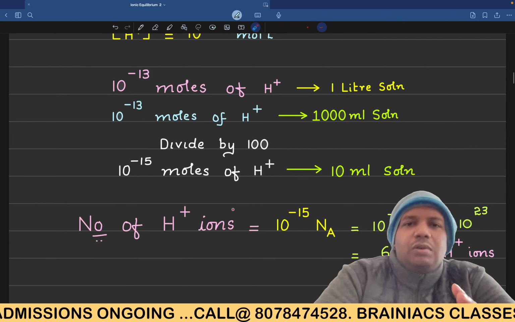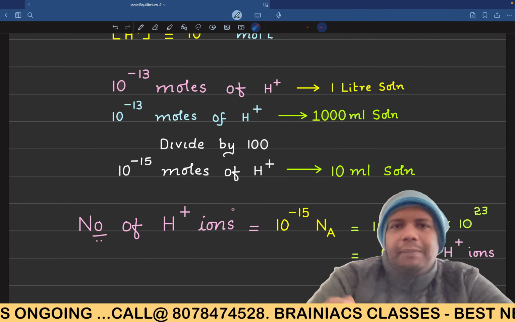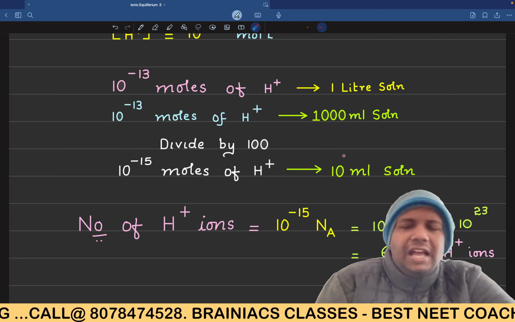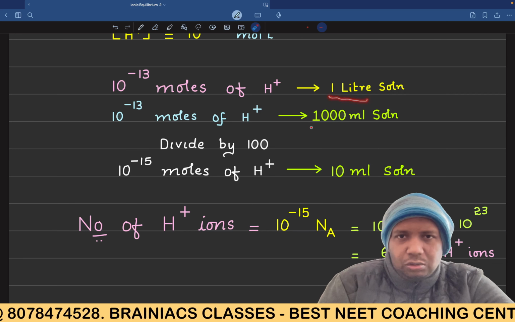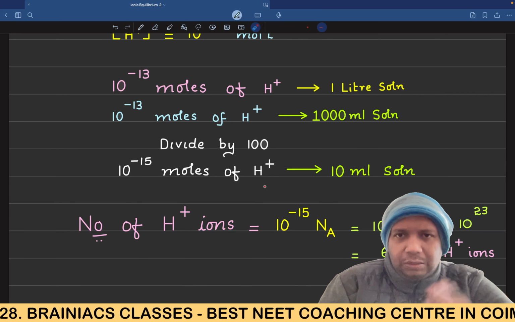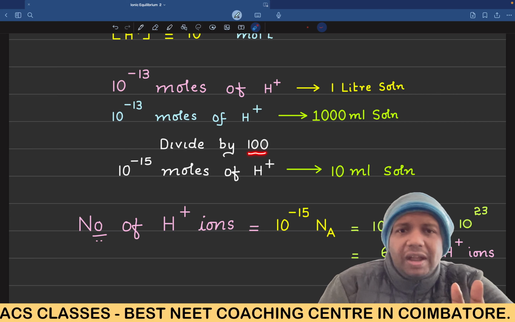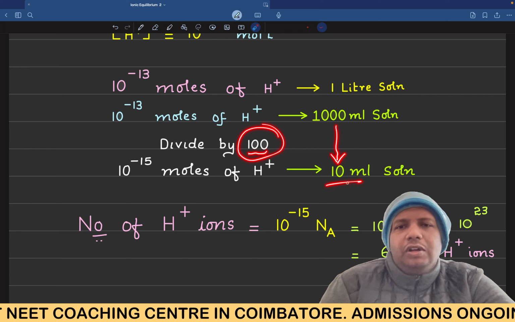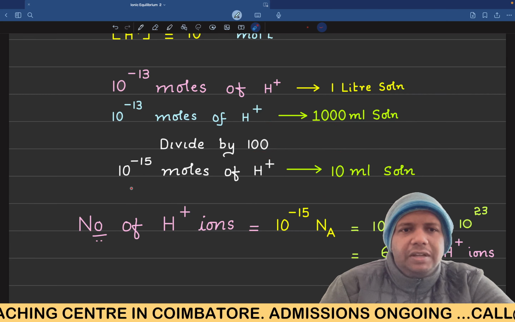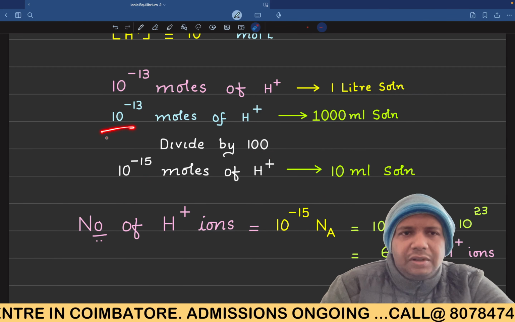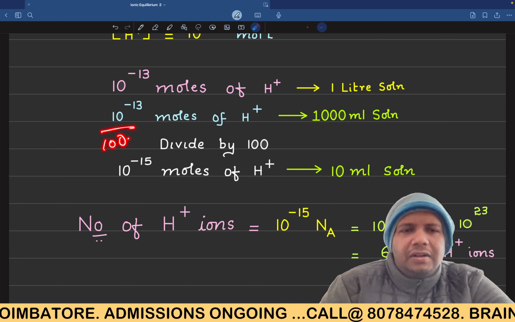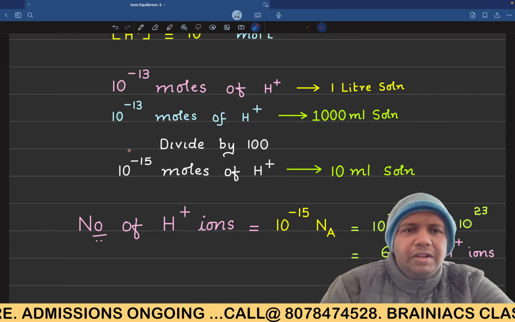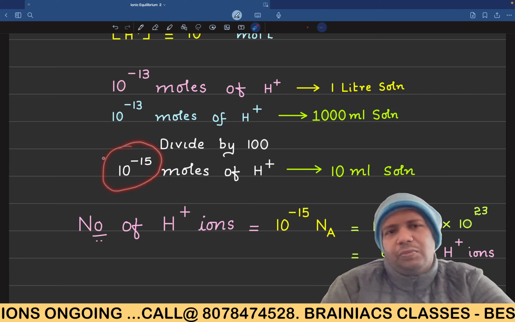Now we need to calculate the number of H plus ions in 10 ml. So in order to convert that into ml, first I convert 1 liter to 1000 ml. We know 1 liter is equal to 1000 ml. Now I am dividing by 100 to make this 10 ml. So divide by 100, 10 power 2 will go up and this will become 10 power minus 15.